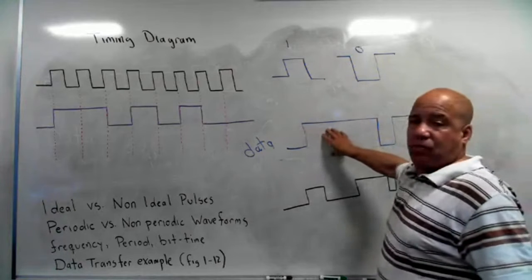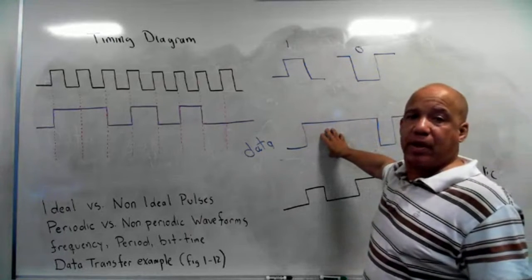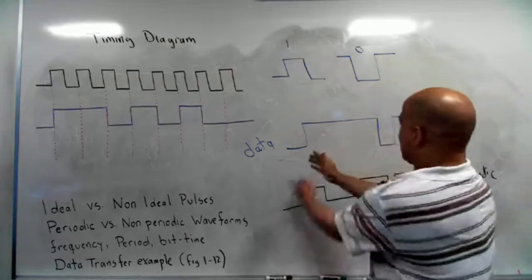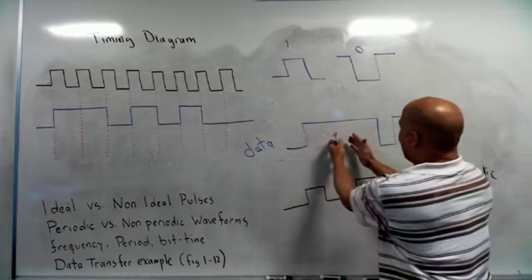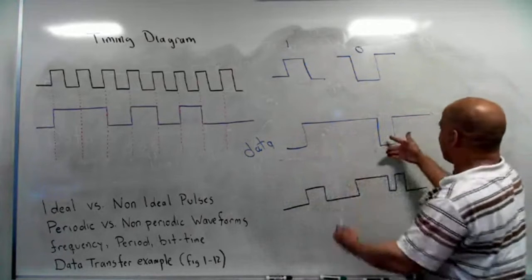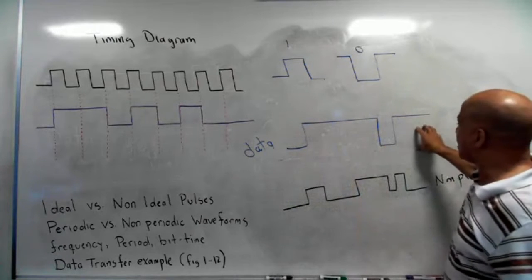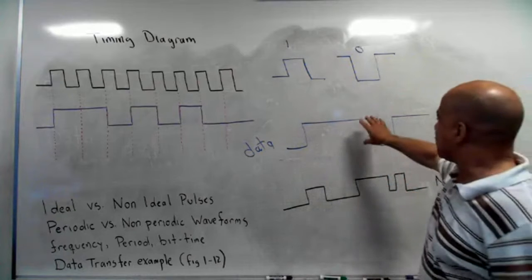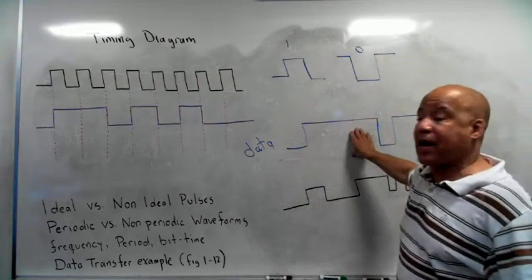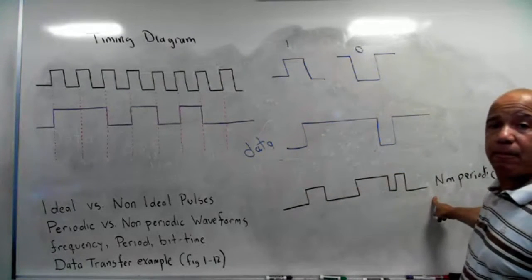I know this can represent a 1 or a series of 1s, but I don't know how many. Is this one big 1, or do I have several 1s here? How many zeros does that represent? There's no way of telling by just looking at this. This is a non-periodic waveform.